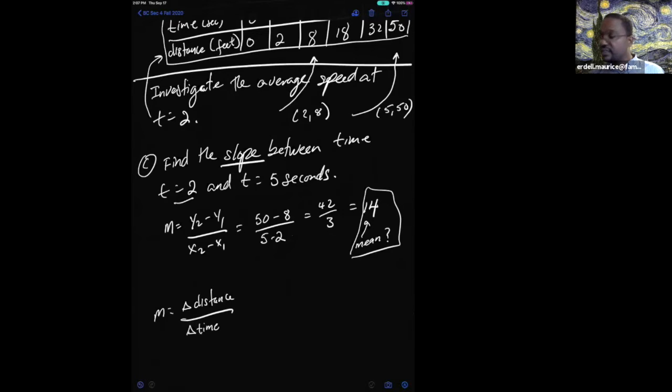And so what that meant was that when I covered 42 feet, I covered that 42 feet in 3 seconds. So you see, this is what this right here means, if I consider the units that I am looking at. And so that means I traveled at a rate of 14 feet per second.